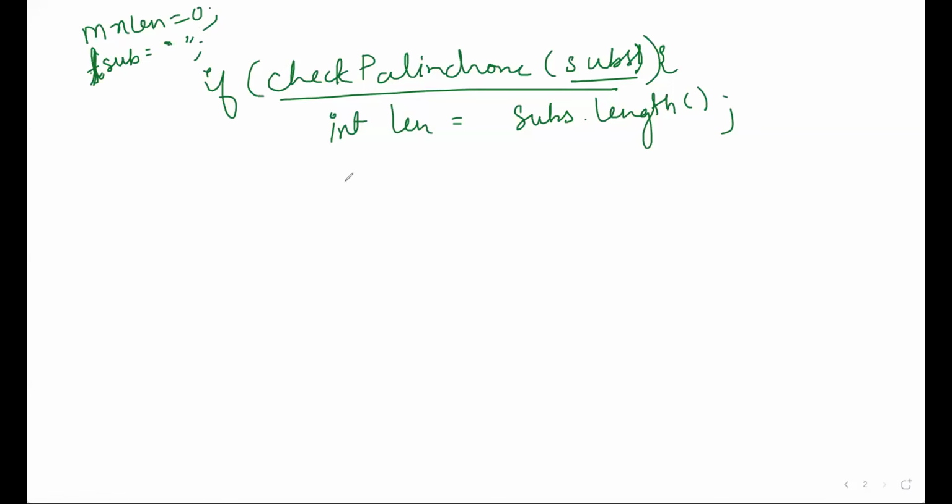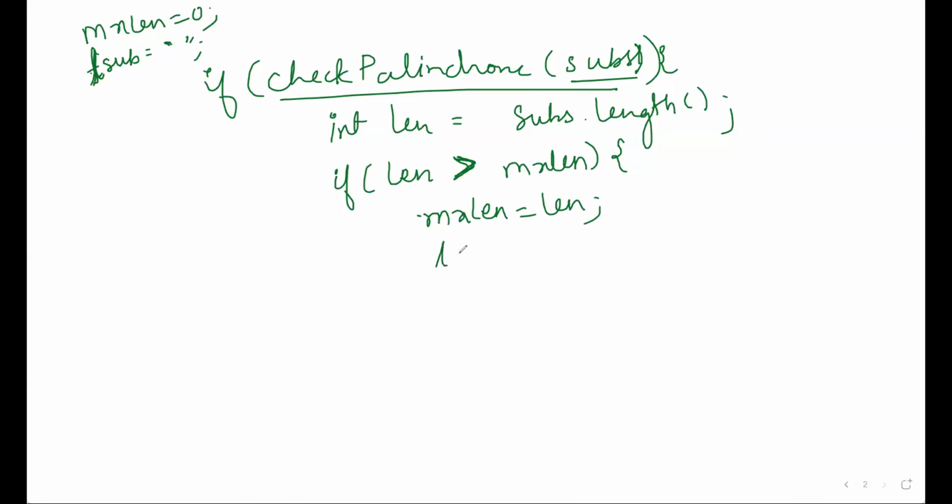I'll compare: if the length of my current substring, which is a palindrome, is greater than the maximum length of the palindromic substring till now, it means I got a substring which is greater in length and also a palindrome. So I have to update my maximum length here, and also update my longest palindromic substring.